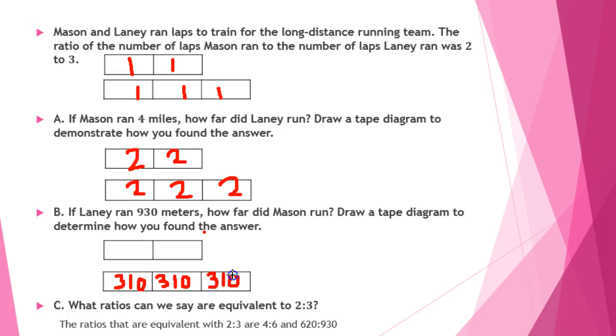So if each of Laney's pieces represents 310, then Mason's also represent 310. So my ratio here would be 620 to 930. So the ratios that we can say are equivalent to 2 to 3 are 4 to 6 and 620 to 930.